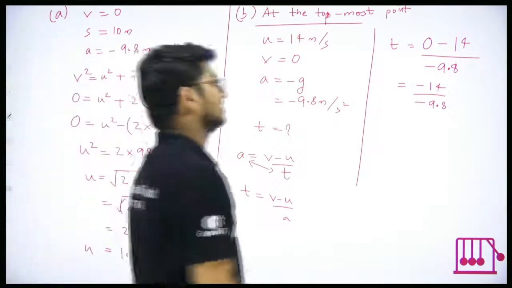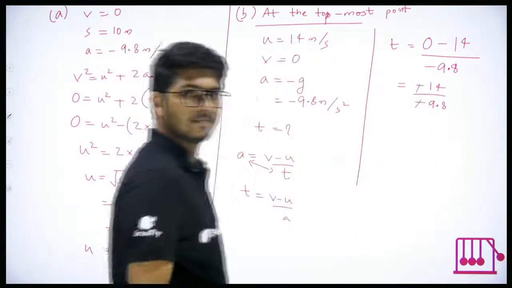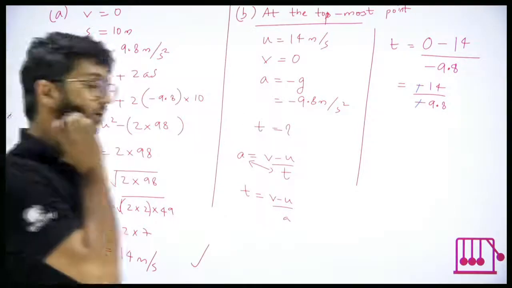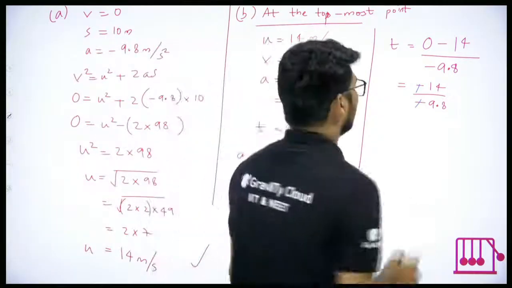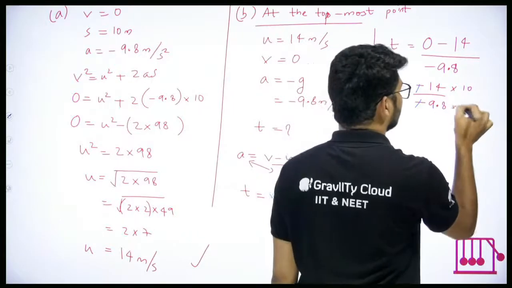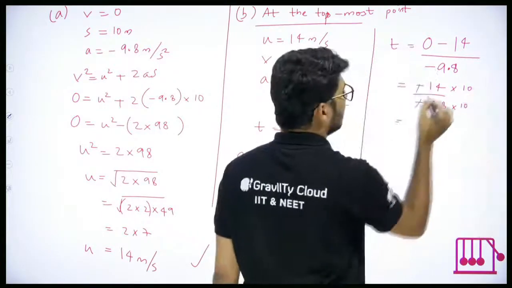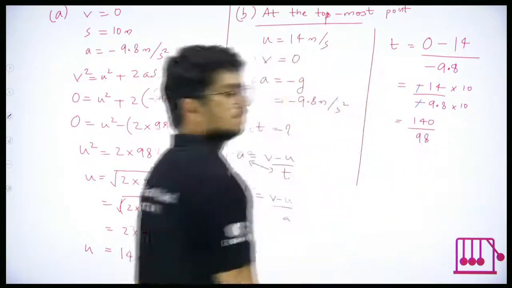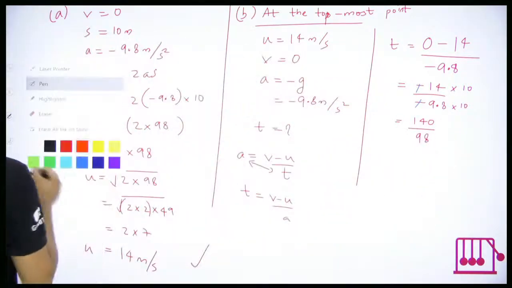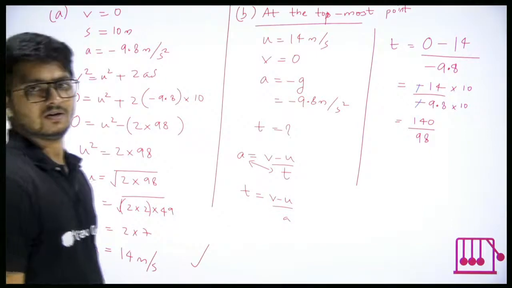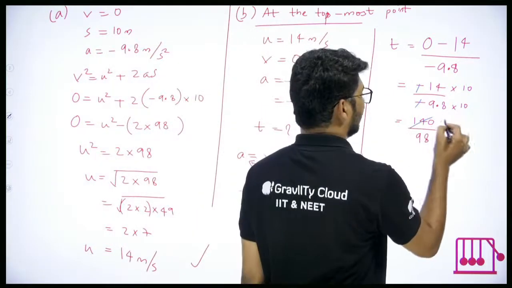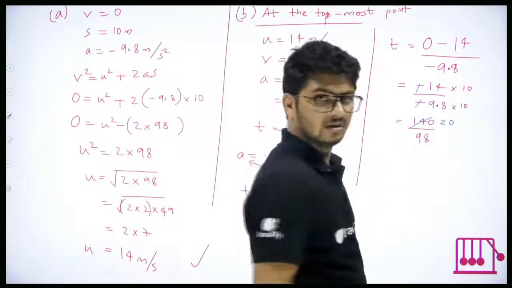See here, minus minus cancels. Then you have 14 divided by 9.8. What is that going to be? Multiply by 10 on both the sides, numerator and denominator. It becomes 140 divided by 98. And then you can divide it with 14 itself if you need. Or if you want to do a simpler calculation, divide it with 7. 7 2s are 14.